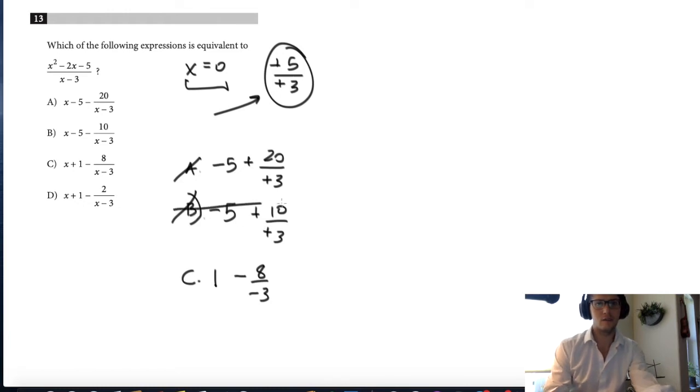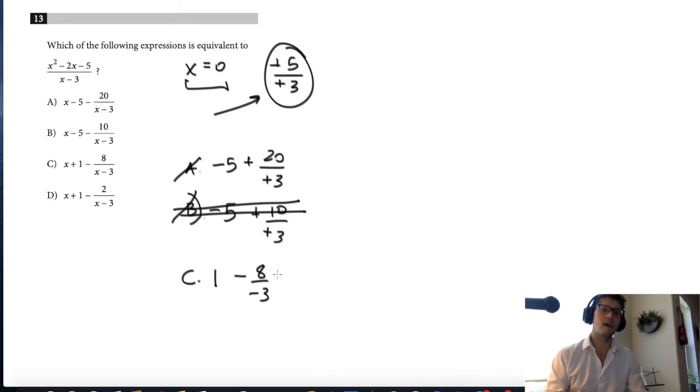I can still get rid of B, because I know I'm not adding enough to get to a positive value. A is going to add, let's see, what is 20/3 equal to? I guess that's equal to 6 2/3. So negative 5 and 6 2/3, that would get us 1 2/3. And that's exactly what 5/3 is. So it is answer choice A.